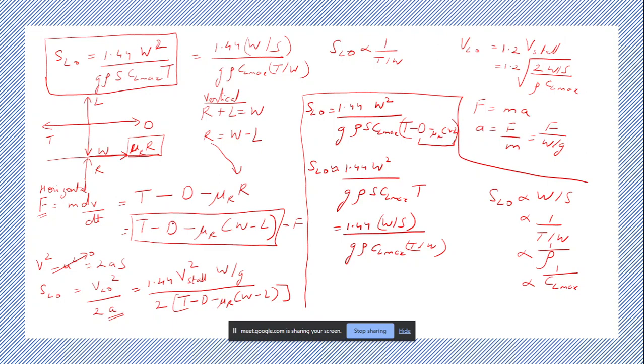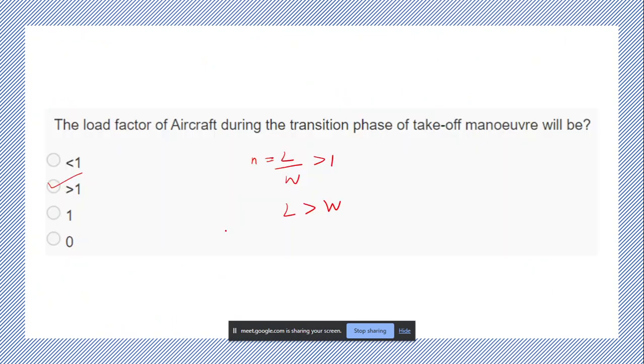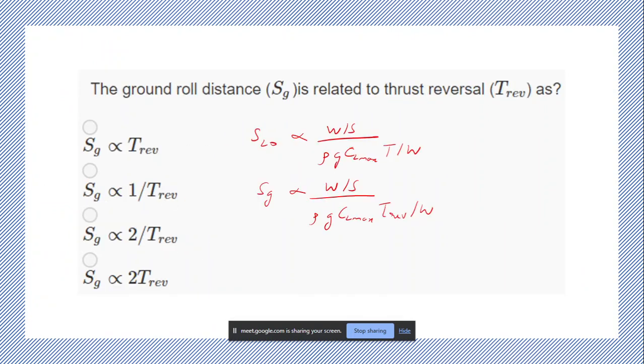All of these will be in the same direction. So the reverse thrust will be in the same direction. This will be T reverse. So this equation will have a plus sign here, plus sign here. It will be in the same direction, but the proportionality remains the same.